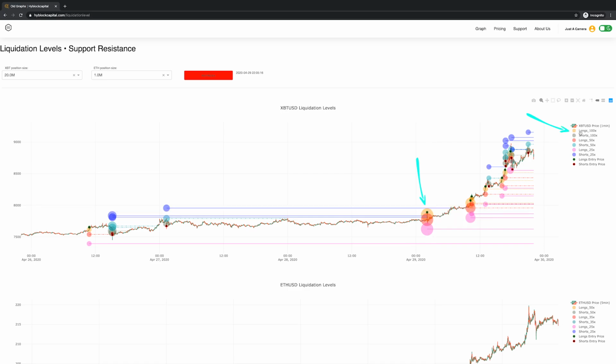Now, if I look at the 50x longs, well, they liquidate at 77.74. And my 25x longs, well, they liquidate, as we can see, that matches up at 76.23. So we now have information about longs and shorts and potential liquidation levels based off entries.